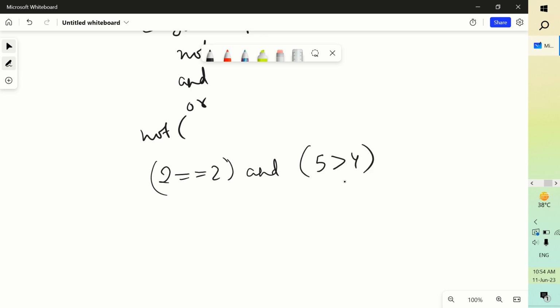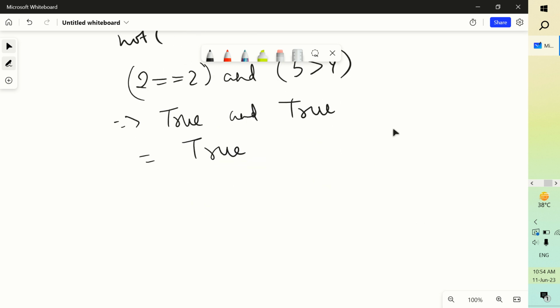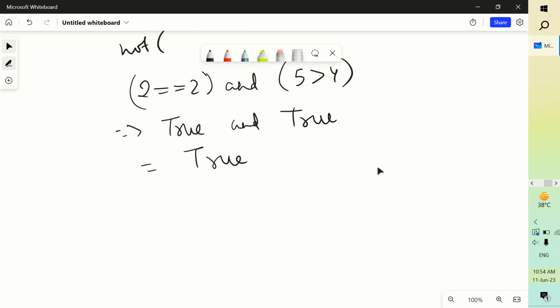So 2 is equals to 2 is true, and 5 is greater than 4 is also true, so this will give you true. So true and true will give you true. So when and operator is applied on two expressions and both the expressions are true, that will give you true. And operator will give false when at least one of them is false.